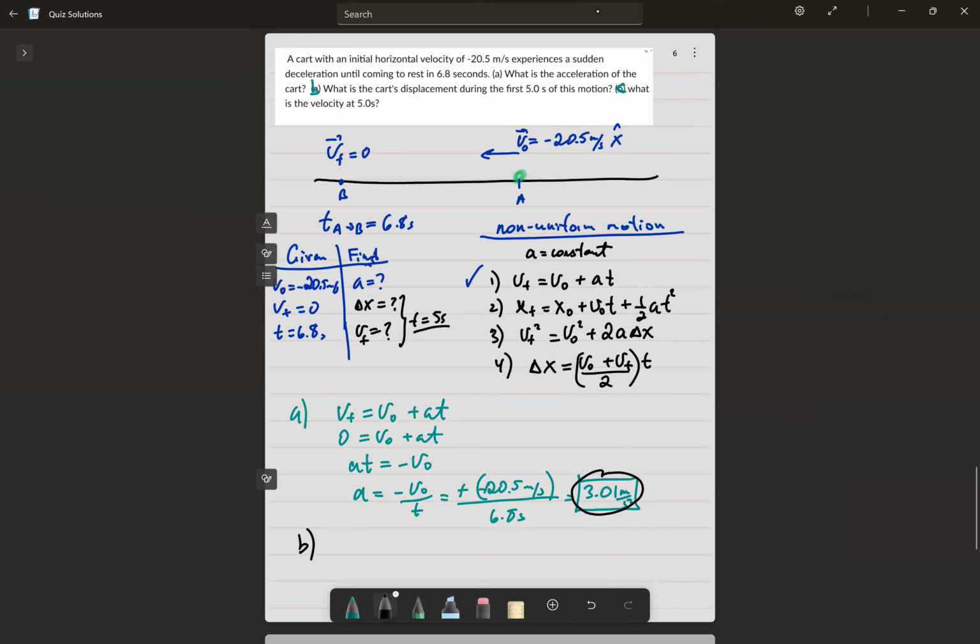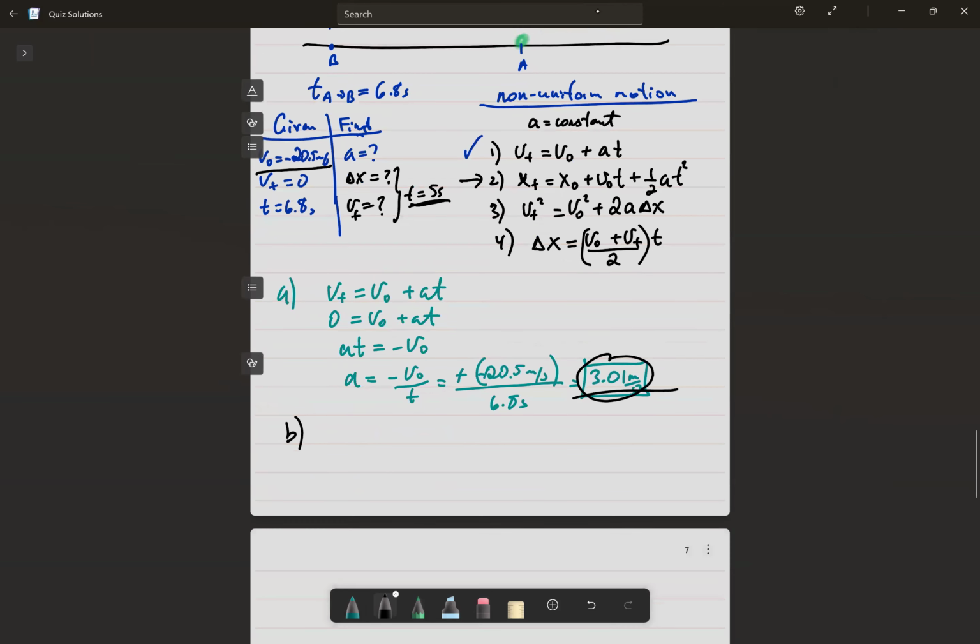So for part B, we can use the initial velocity, we can use acceleration, and now we're given time, which is 5 seconds, and we can solve for the displacement at this point by using equation 2, which is independent of final velocity, because we don't know how fast it's moving at 5 seconds. We know at 6.8 seconds it stops, but at 5 seconds it's still in motion.